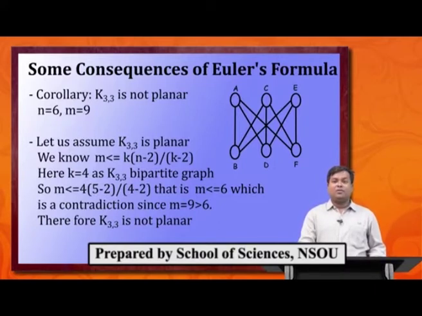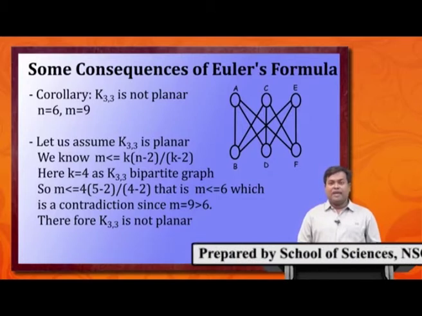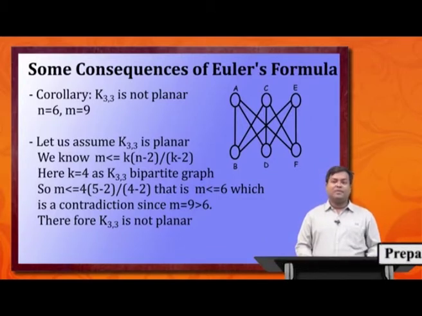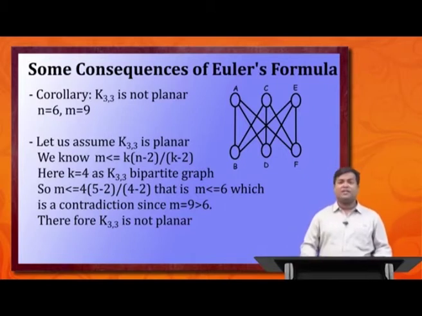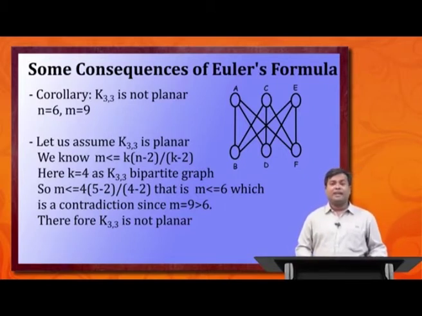Now, what is the actual use of Euler's formula? The use is very simple. Topologically, we have proved whether a graph is planar or not using the Jordan curve theorem and the pigeonhole principle. But since Euler's formula is applicable to planar graphs, if the question is whether the graph is planar or not, first we check n minus m plus r.